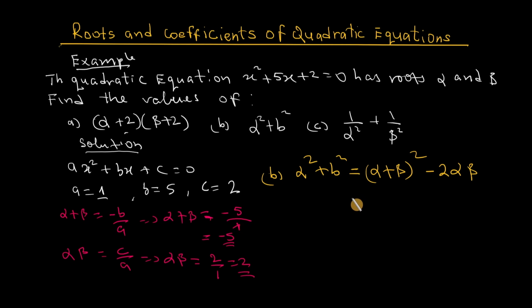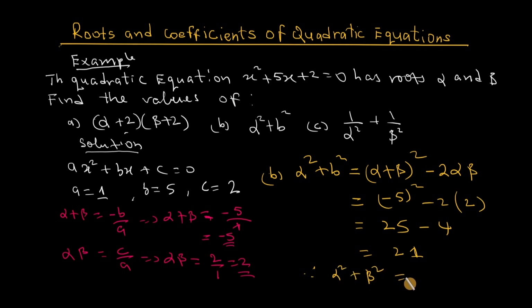That is going to give me negative 5 squared minus 2 into 2. Negative 5 squared is plus 25. Minus 2 times 2 is negative 4. 25 minus 4 is 21. Therefore, alpha squared plus beta squared is equal to 21.